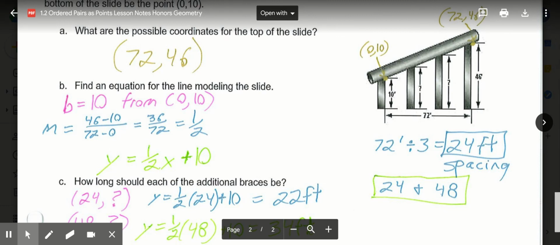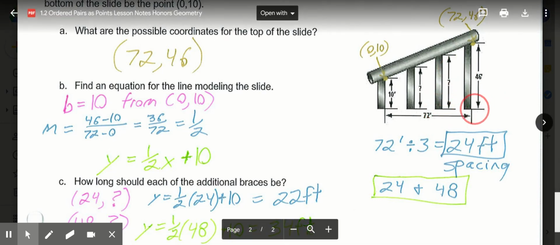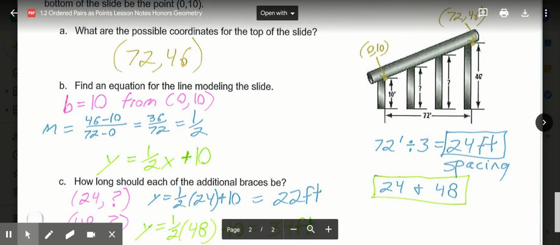In that 72 feet, we have 1, 2, 3 total openings. So what I can do is 72 divided by 3 means each one of these braces, to be equally spaced, should be 24 feet apart. So 72 divided by these 3 openings is 24 feet.